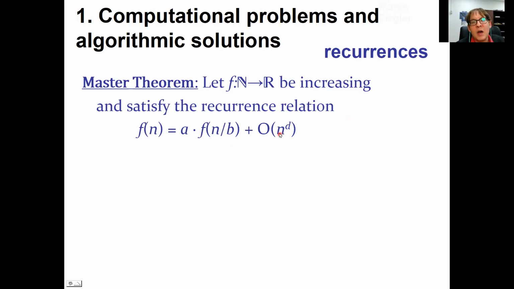Let's say it takes time O of n to the d, for example, quadratic time or cubic time for the decomposition phase. And then come the recursive calls to the A subproblems of smaller size, how much smaller indicated by B. And at the end of the divide and conquer phase, there comes the recombination part where our algorithm may produce the final output by recombining the results of the several of the A recursive calls, which again may incur additional cost, which we also suppose to be covered by this.